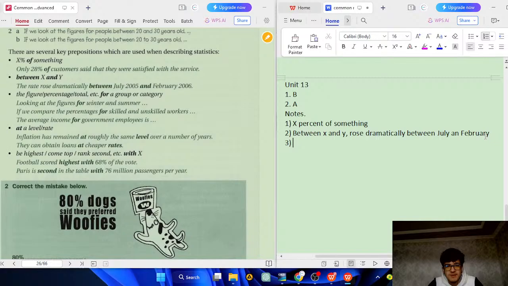If we compare the percentages for skilled and unskilled workers, the average income for government employees is... the figure, the percentage, total, etc. for a group or category, right?